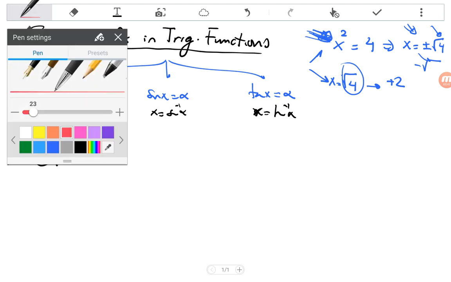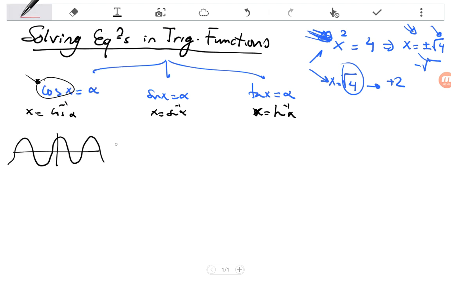So if I need to know when that cosine will be equal to some number alpha, this is alpha for example, we will find infinitely many angles that satisfy this equation. All of these angles satisfy the equation. Also we can depict that on the unit circle. So let's study how to find all solutions of this equation.